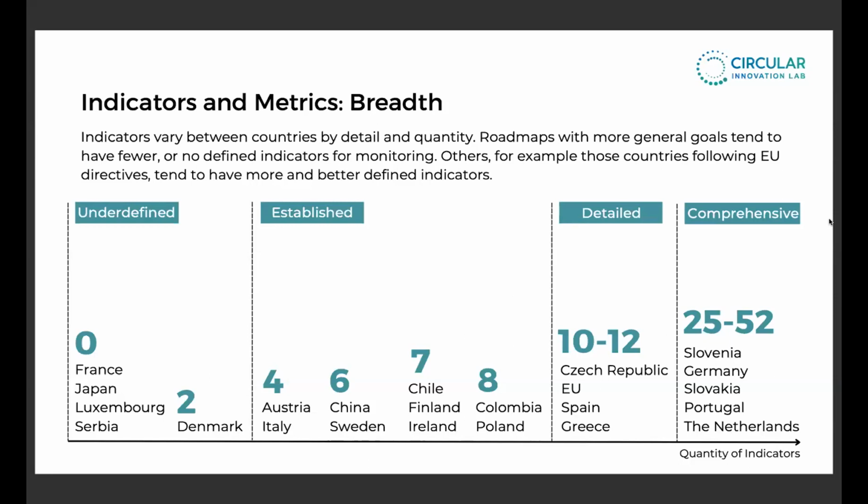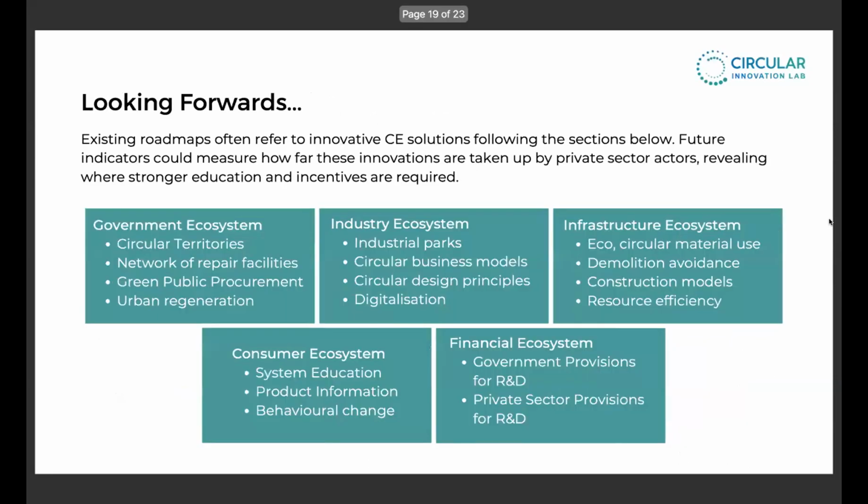So this really shows that we are all developing in a very different manner, and circular economy is actually a global problem. So we need to have some kind of common consensus on circular economy indicators as we move forward.